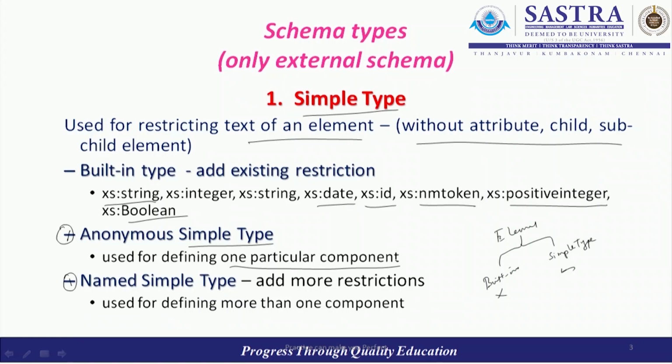But when we go for named simple type, we can add more restrictions and also use it for defining more than one component. The component means element as well as attribute. This is the way we have the simple type definition and built-in type definition.